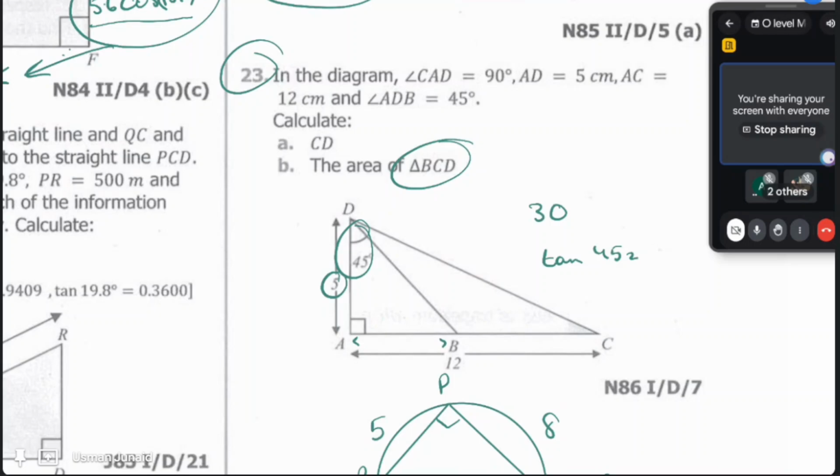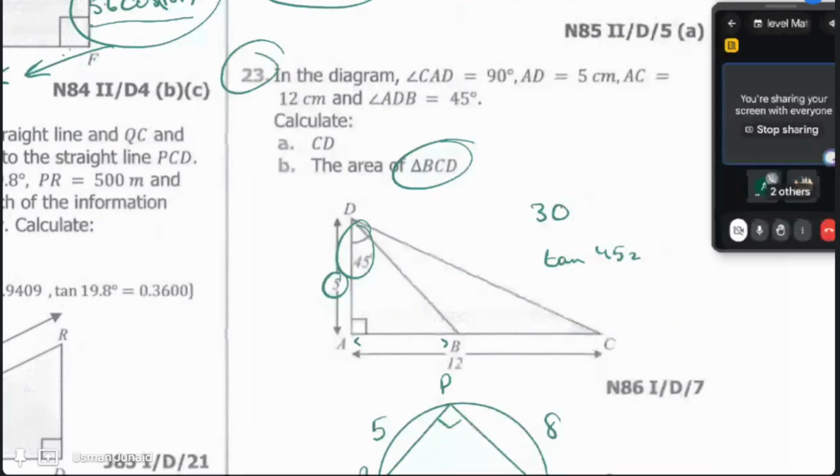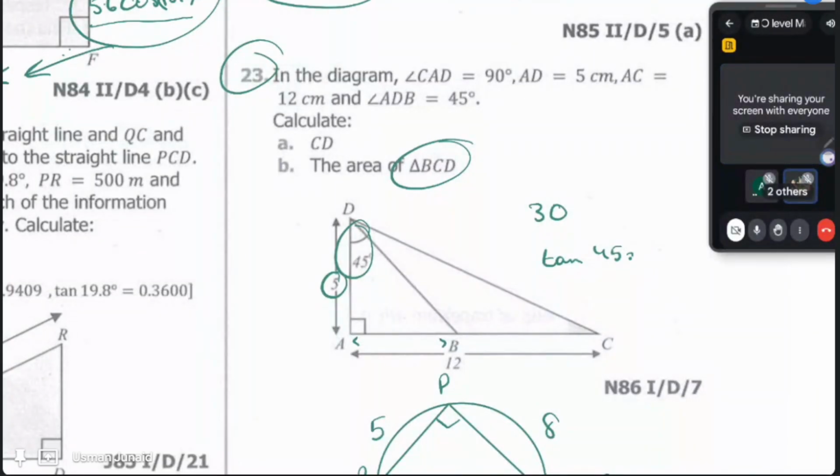Adjacent कौन सी है? 5 is adjacent and AB is opposite. So the value for AB is 5 tan 45.